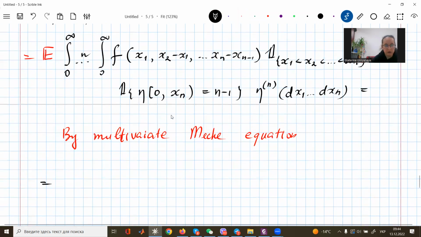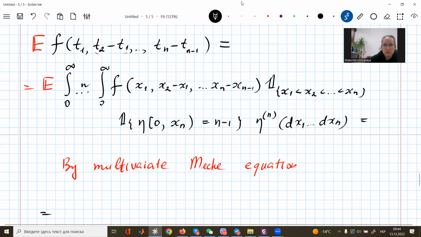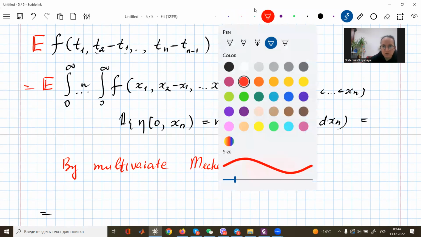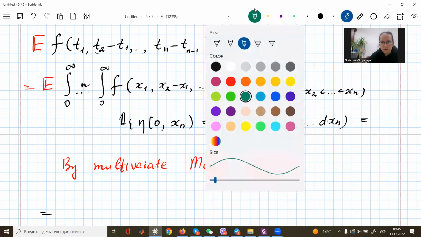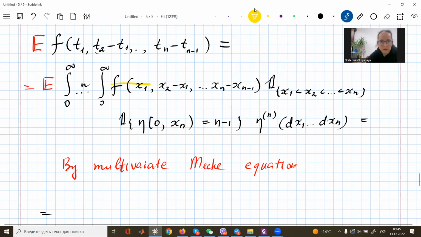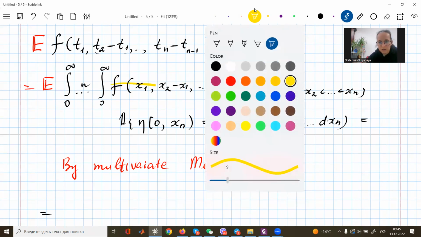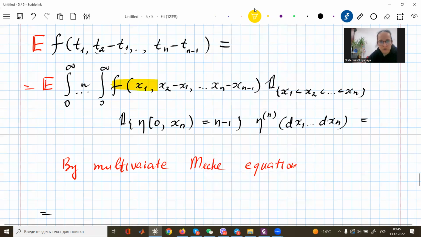This is a function from the points and the measure itself.